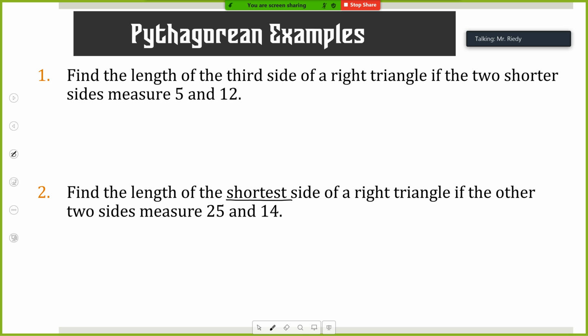Marin, what equation did you set up? 14 squared plus x squared equals 25 squared. Perfect. I believe 196. Yeah. Okay, 625.